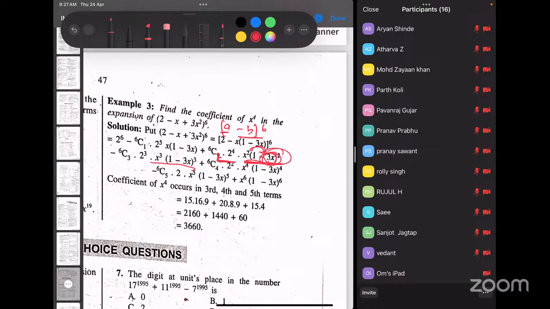In that case, a square b means we will have x square and simple x. So x square multiplied with 3 will give power 5. We are not interested in power 5. So we will take the expression with normal x, and then we will multiply this bracket inside it. So this will be the coefficient of x raised to power 4 from the fourth term. And similarly, we will have it from the fifth term, and then we will add them. Are you getting it, or do I have to simplify it for you?